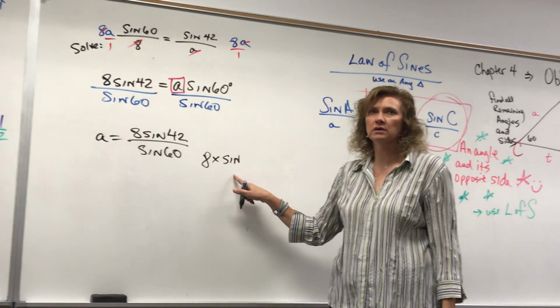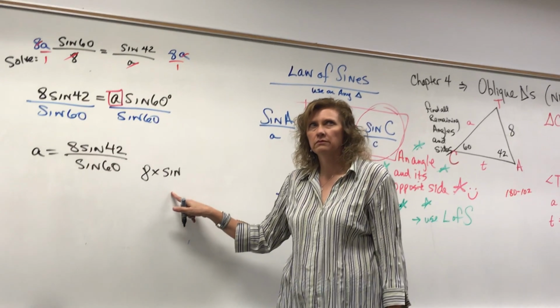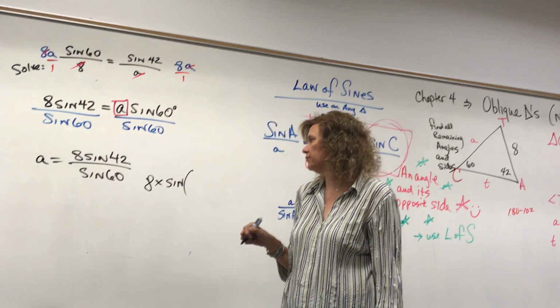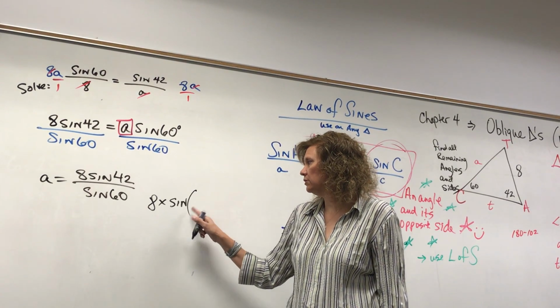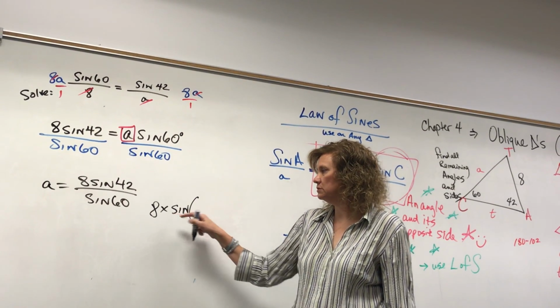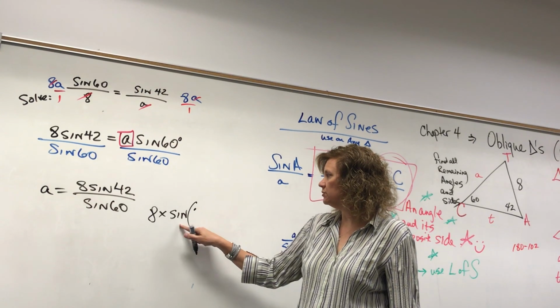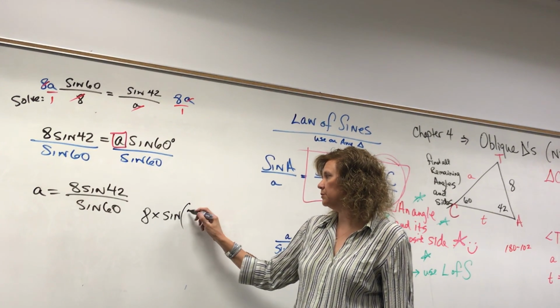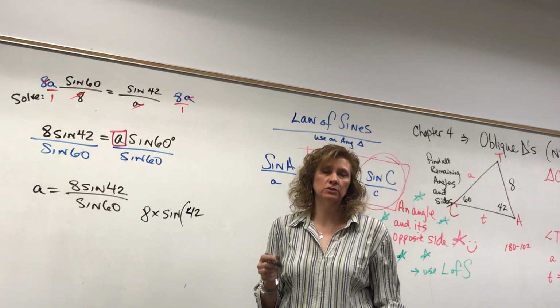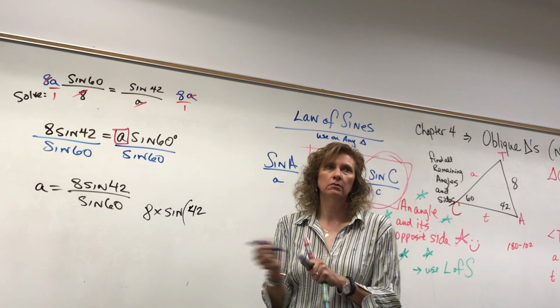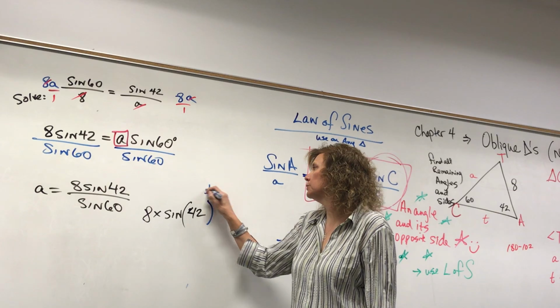Let me know if you have a reverse trig function calculator. You hit your sine key, it's going to have sine and put a parenthesis. You're going to hit 42, and guess what you have to do? Close your parenthesis.